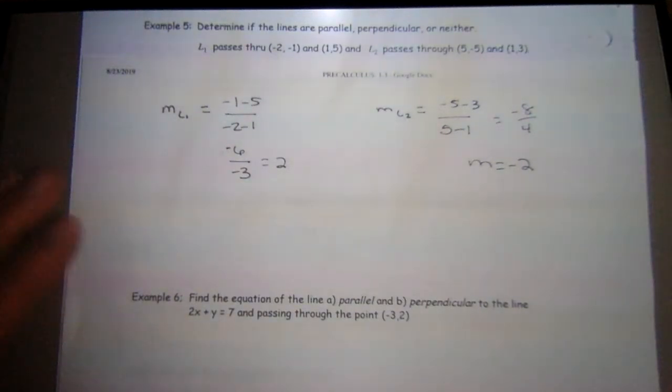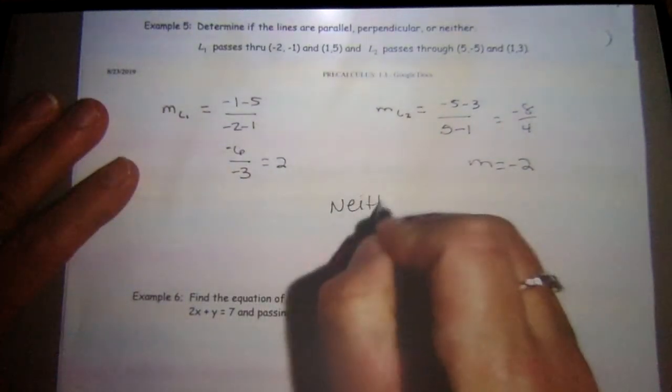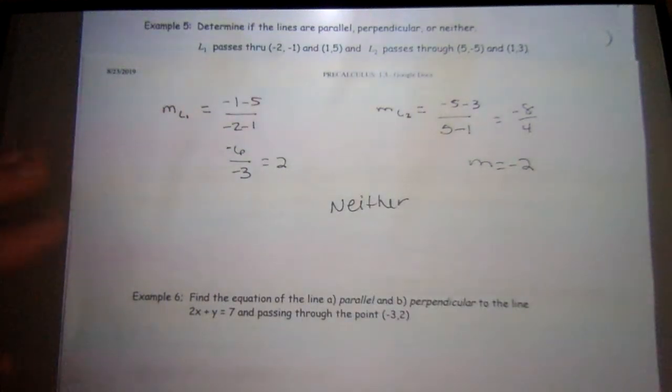So what's our answer? Are they reciprocals of each other? No. So they're not perpendicular. Are they the same? They're not the same, so it's neither. Questions there?